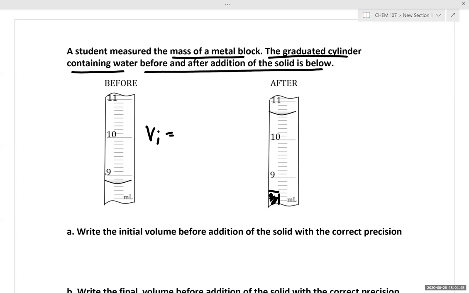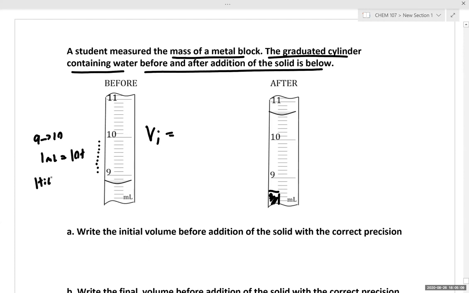So looking at our tick marks, let's do our classic analysis. To go from 9 to 10, which is 1 milliliter, takes us 1, 2, 3, 4, 5, 6, 7, 8, 9, 10 ticks.